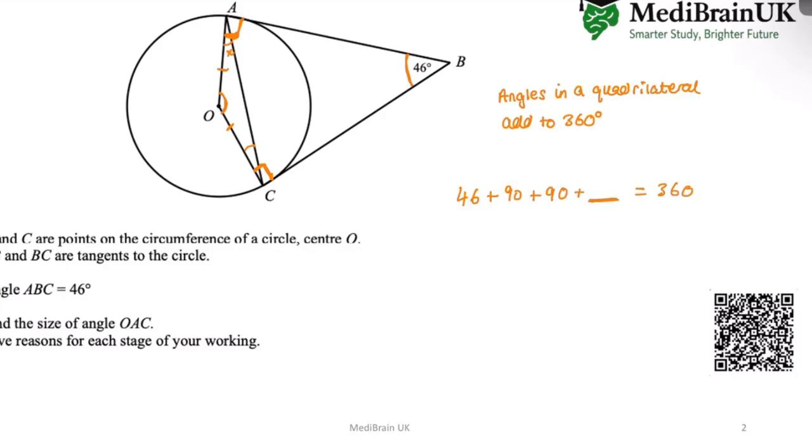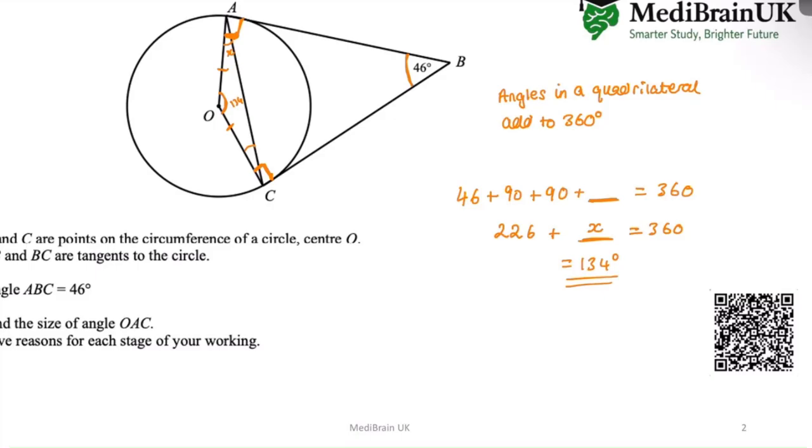Now 46 add 90 add 90 is going to get us 226, and 226 add something equals 360 degrees. So to work out what the x is, we do 360 subtract 226, and that gives us an answer of 134 degrees. So angle AOC is 134 degrees.